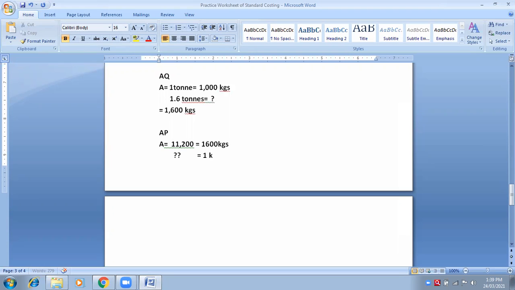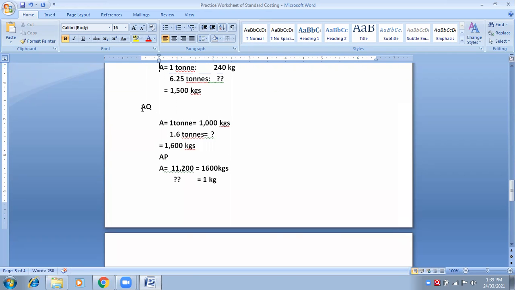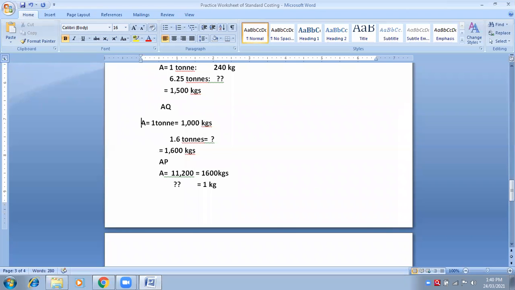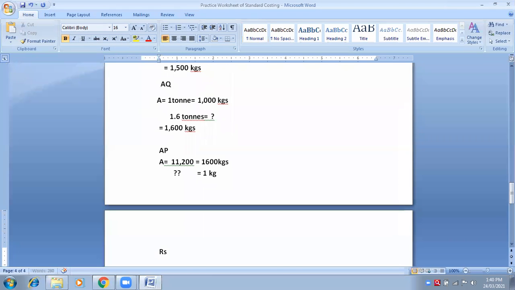So tell me, cross multiply and give me the answer. Seven. Okay, so this would be rupees 7 per kg.